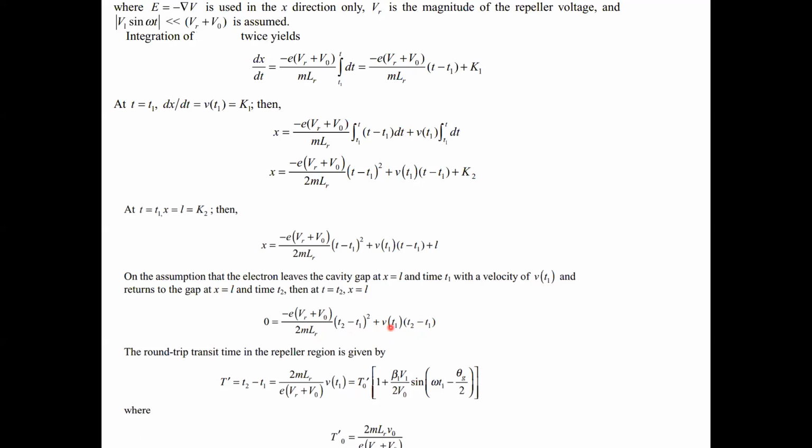So on both sides, divide by T2 minus T1. So you have v of t1 equals, so T2 minus T1 equals 2 ml v of t1 divided by e VR plus V naught. Clear?